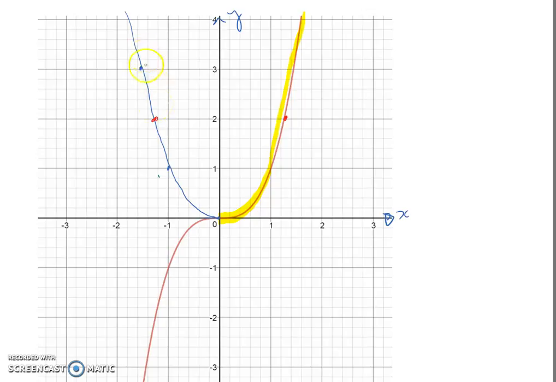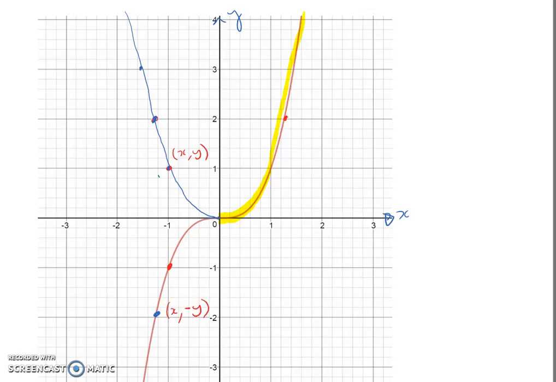And then you've taken the even function and you've reflected it in the x-axis. So that point there becomes that point there. And that point there becomes that point there. So your x value, which is negative in this case, has some positive y value, and then it gets transformed to be this negative y value.